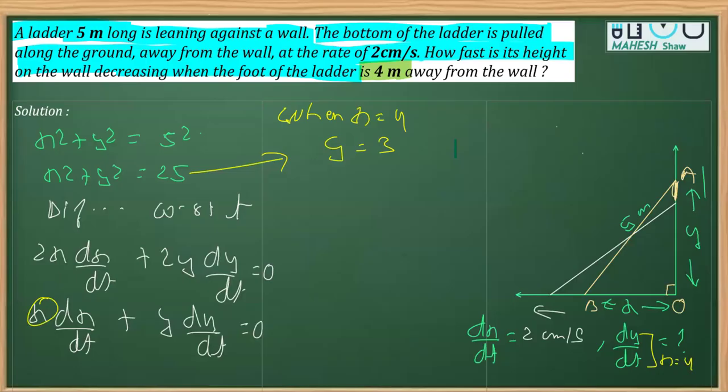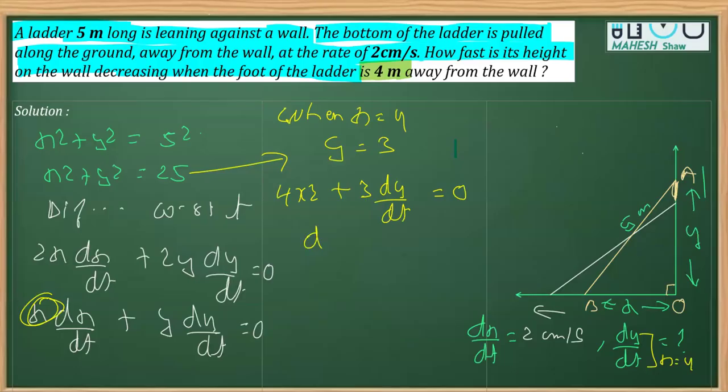That's what the question asks. Now, I'm going to replace these values here. I'm replacing x with its value, that is 4, dx by dt, which is 2, that is 4 into 2, plus y, which is 3, and dy by dt is what we have to get. On the other side, there is 0.